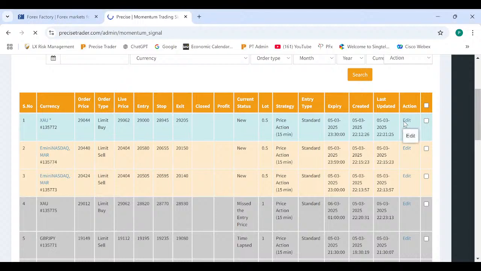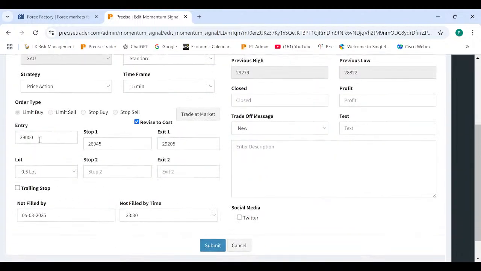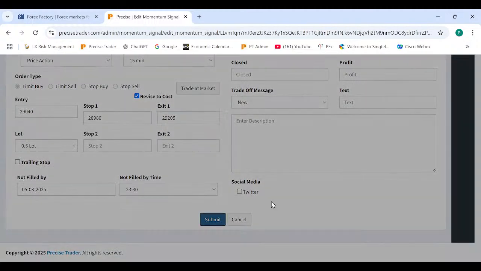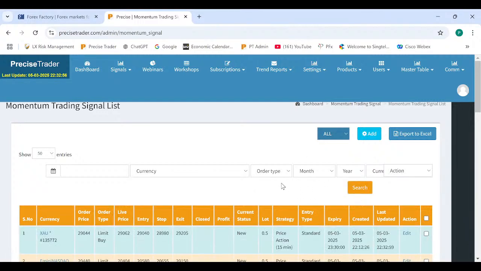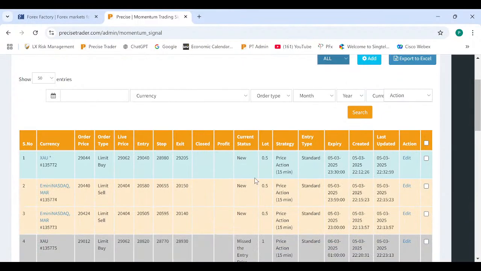We try to raise it, and in the event the order gets filled, we'll go for a re-entry again. Now we'll put a buy at 2904, 2898, and 2905. So this is the new entry for those people who come in. This is what we want to do.